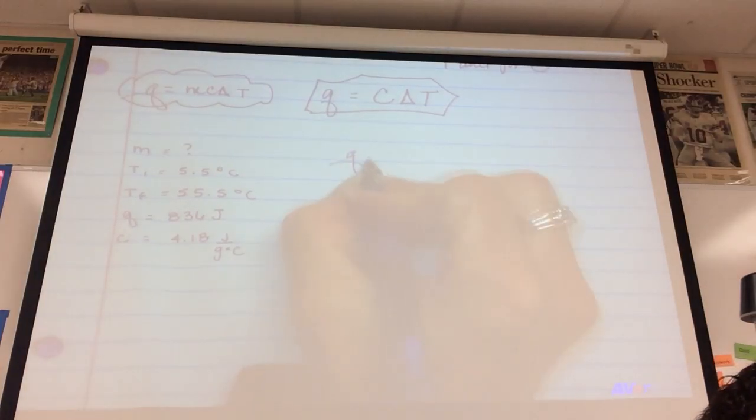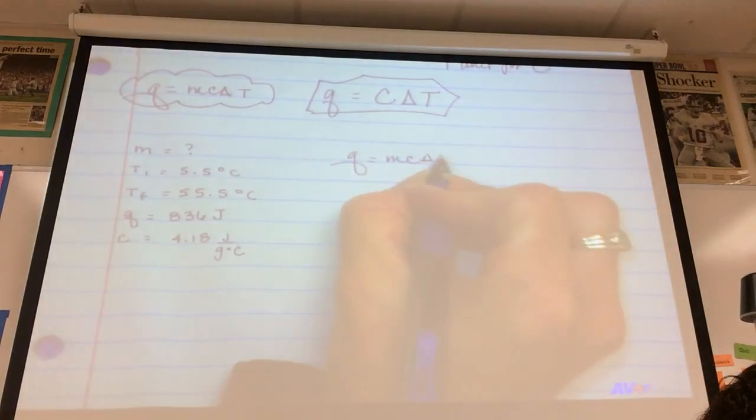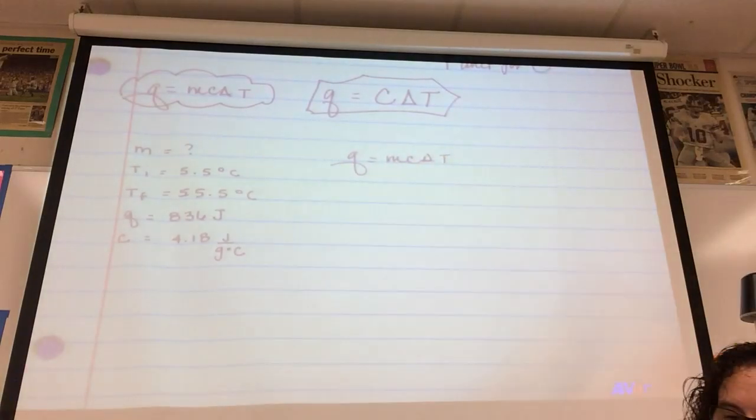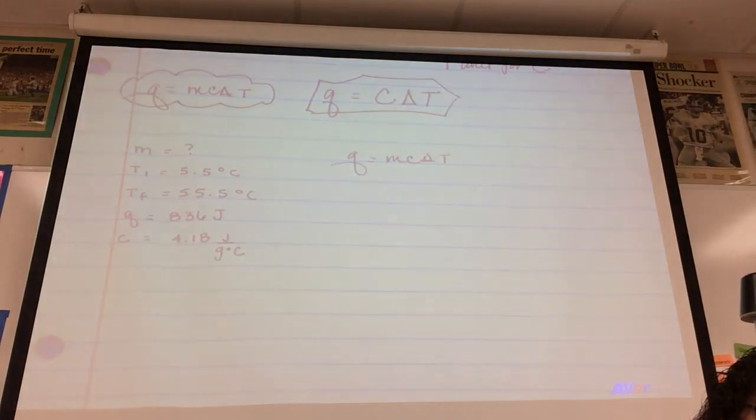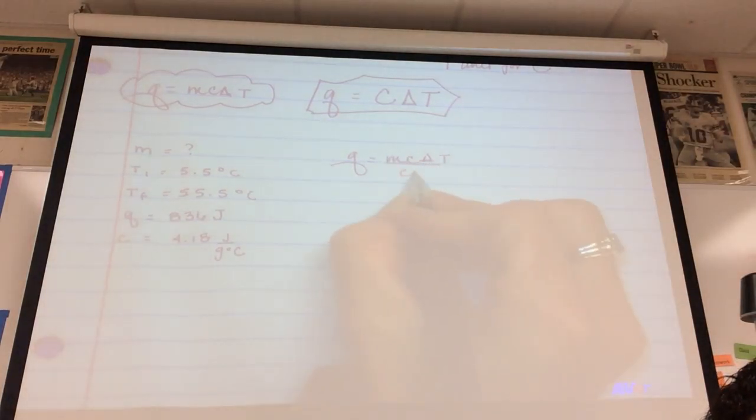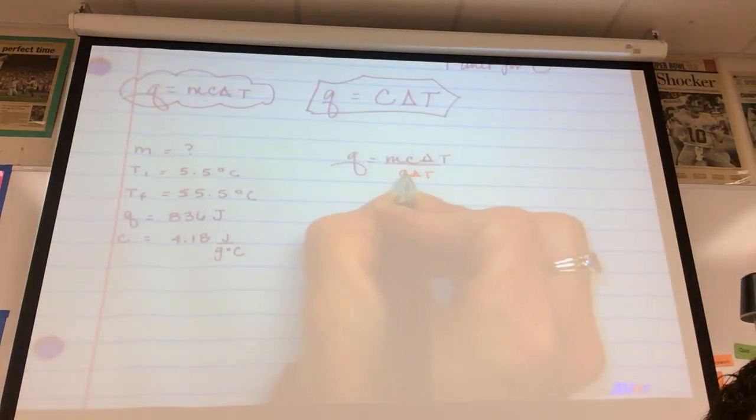We know Q is equal to mC delta T. To solve for mass, we're going to divide both sides by C delta T, and that's a lowercase c.